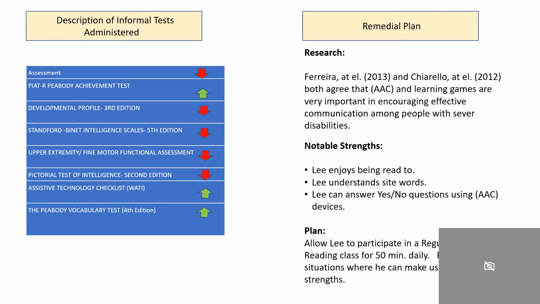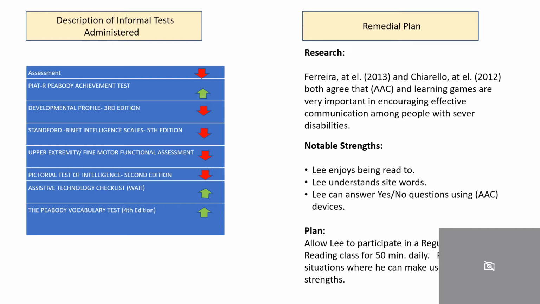We looked at some research by Fieria and Chiarello that both agree that to better serve people with severe disabilities, we need to incorporate some fun games. And so we looked at that.